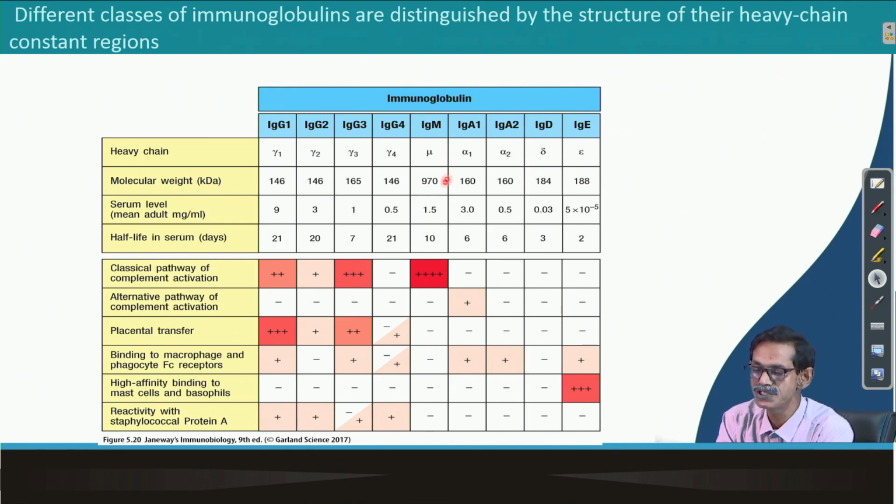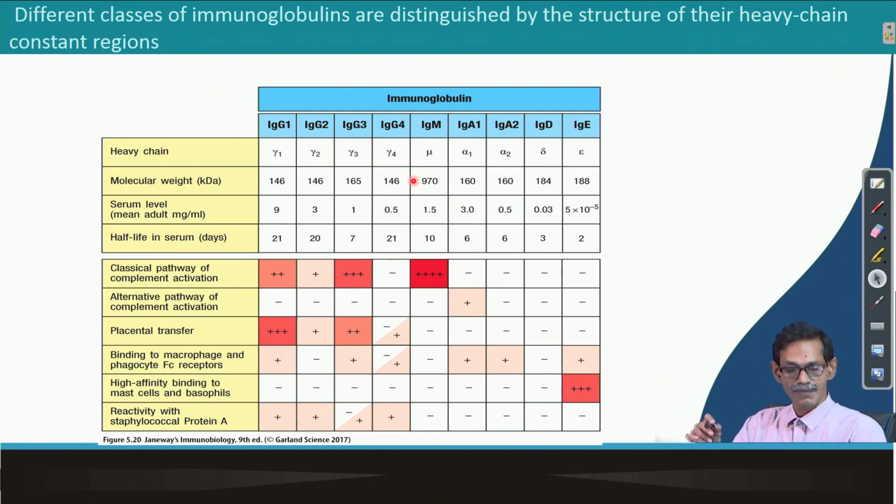And if you see IgM, which is huge, but if you see the structure, IgM only had one extra constant domain. One extra constant domain contributes only approximately 110 amino acids, so these 110 amino acids will not contribute that much.